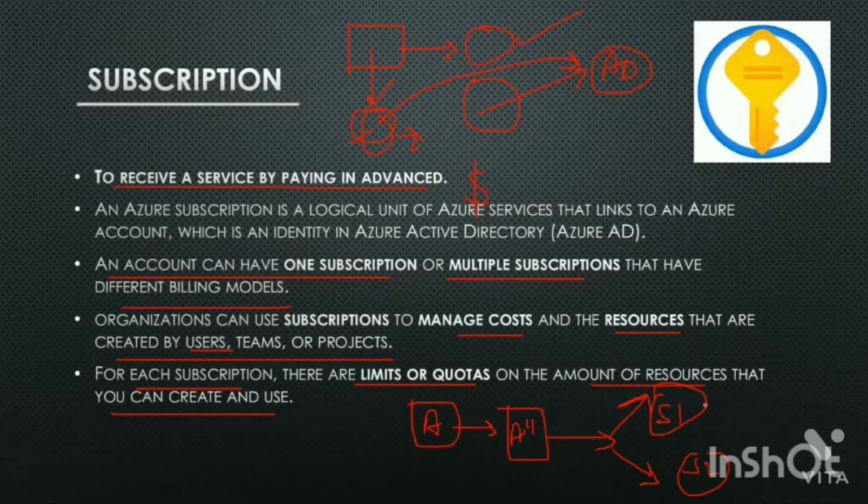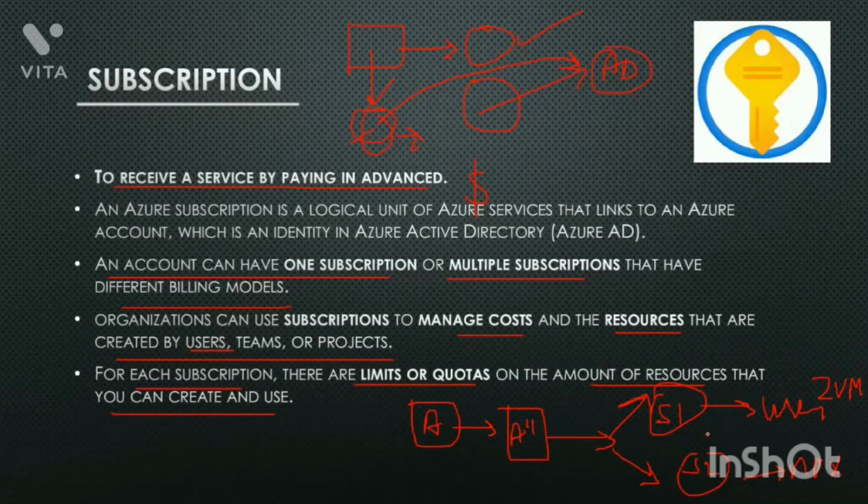In subscription 1, it is defined that a user can create only 2 virtual machines. And in subscription 2, it is clearly mentioned that no user can create any virtual machines. So how does the subscription help to manage limits or quotas?